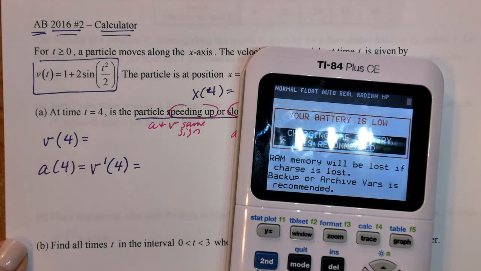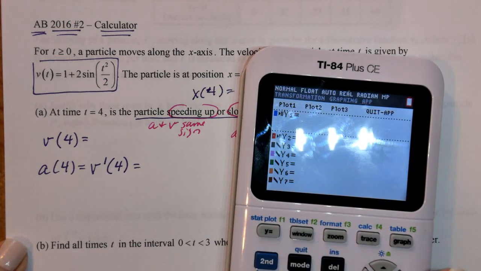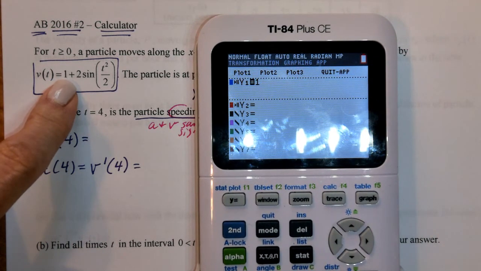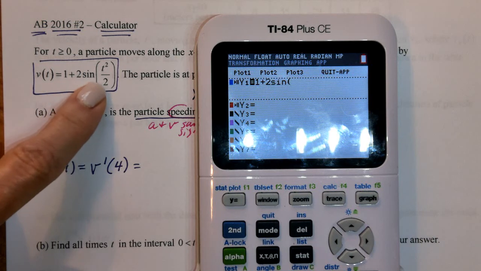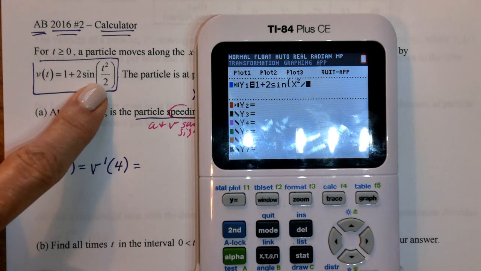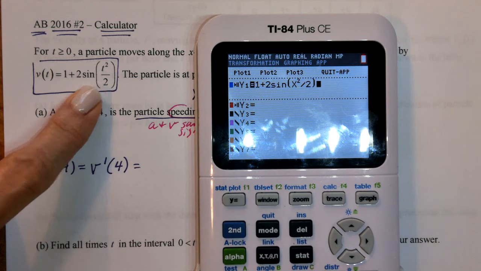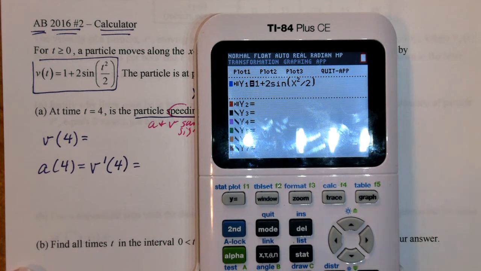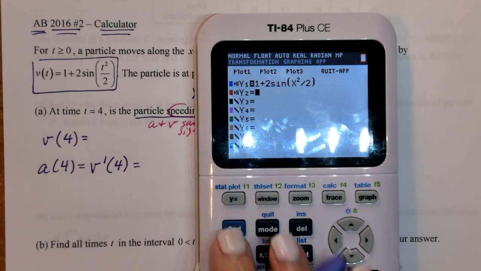So into my calculator, I'm going to put in for y1. I know I'm going to be using this throughout the problem, so I'm going to write my equation for the velocity. If you recall the velocity equations, x prime, y prime, those were always good to put in for y1 and y2. So I do a double check, make sure I put that in correctly.